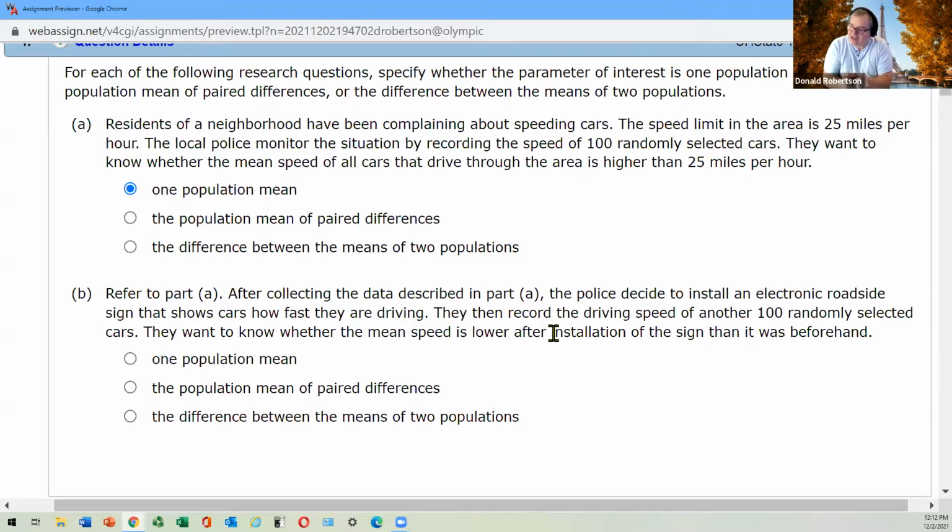Now, if they were the same, well, you spent a lot of money on that sign and it does nothing to the speed, right? They still go the same speed they were going before. I suspect what they'll find is that it reduced the speed, right? That people go a bit slower because they've been told. And in this case, aren't we looking for the difference between two populations?